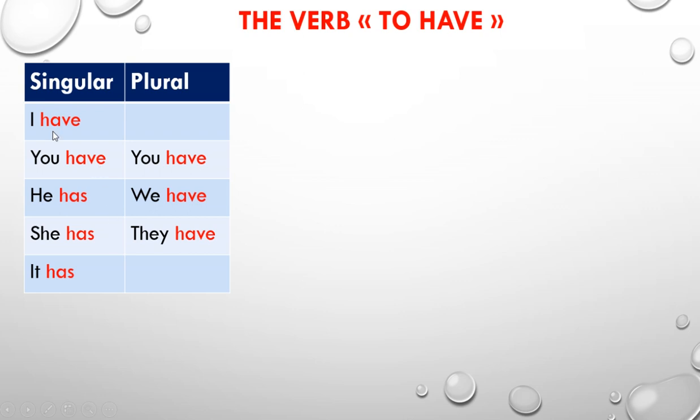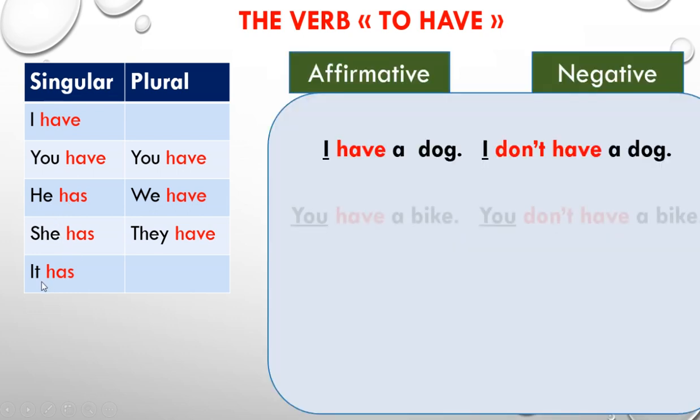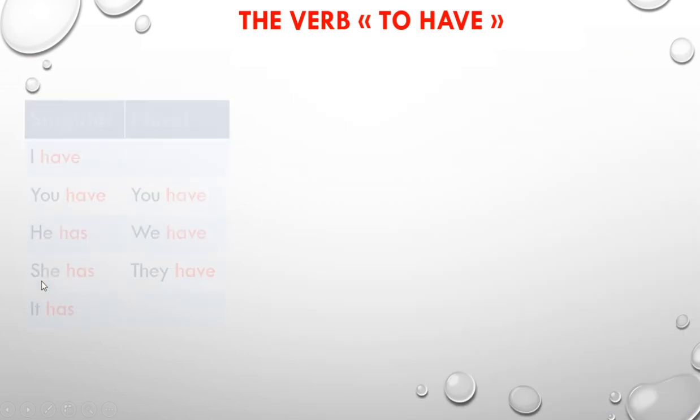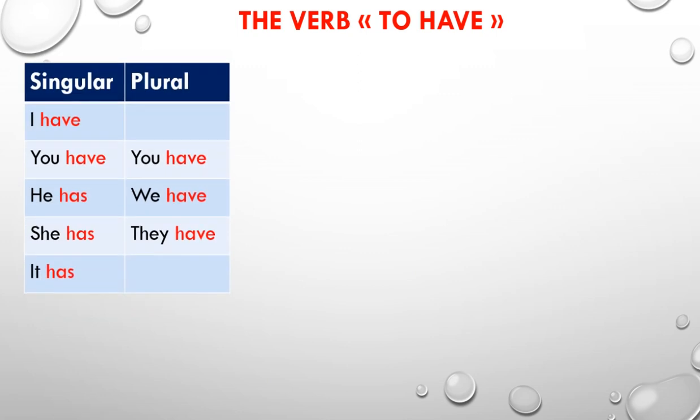So I'll repeat again. I have, you have, he has, she has, it has. You have, we have, and they have. Okay, as you can see, we have two words which are repeated here. Have and has.